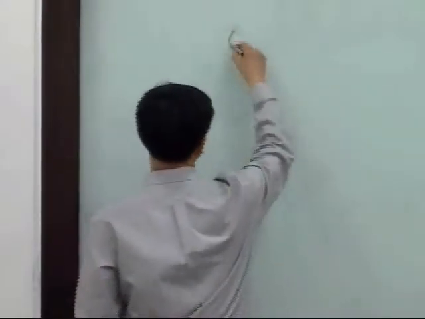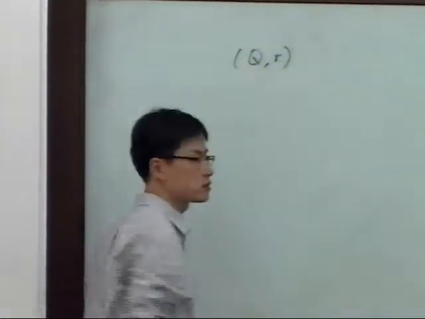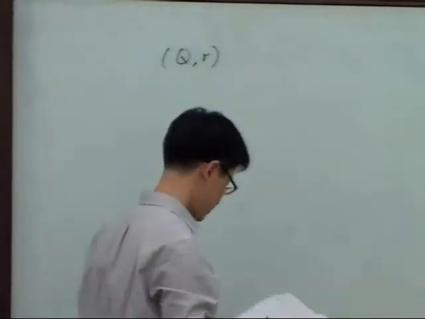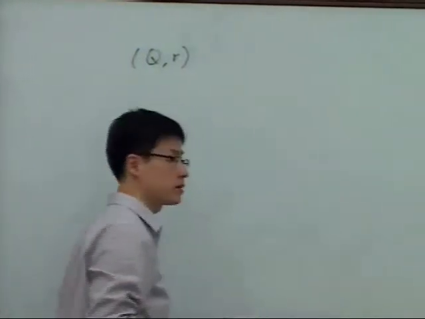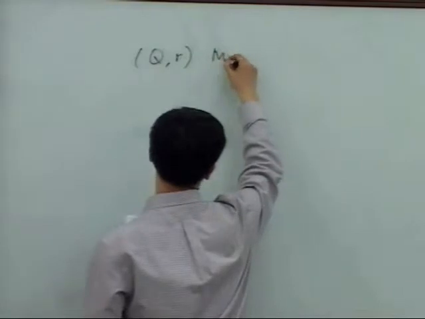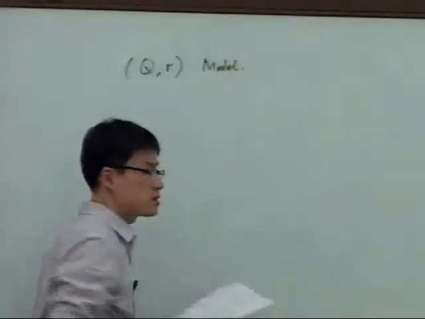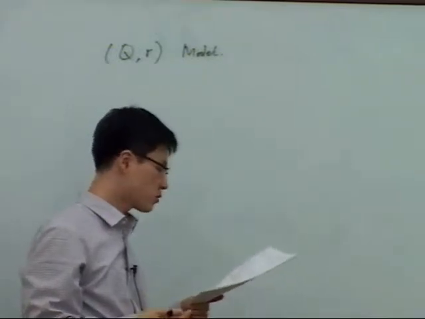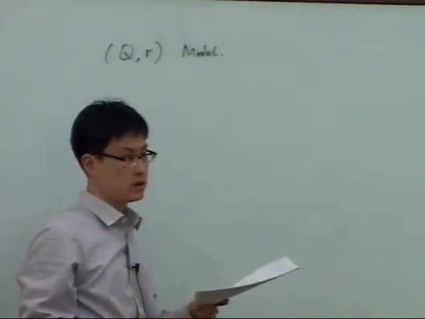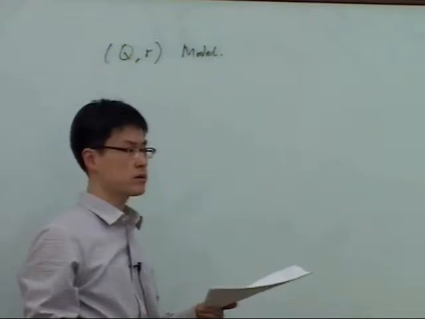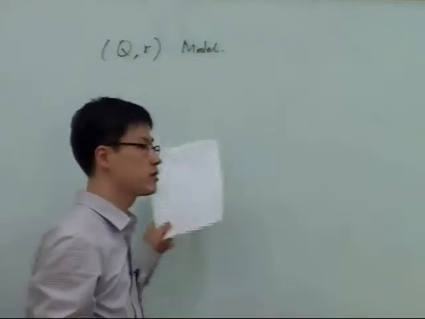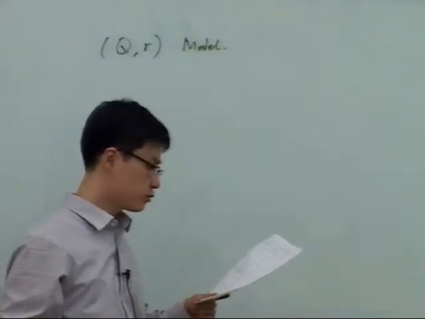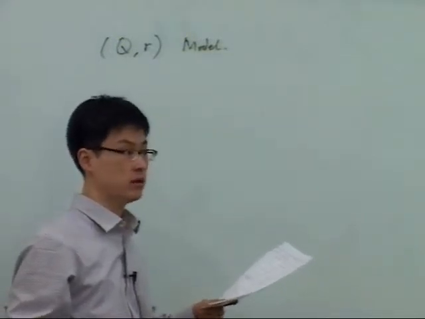Okay, let's think of this QR model. It's a little bit more complex model. This model is about answering how much stock to carry. Same as the base stock model, but with this model we have to answer one more question: how many to produce or order at the same time?